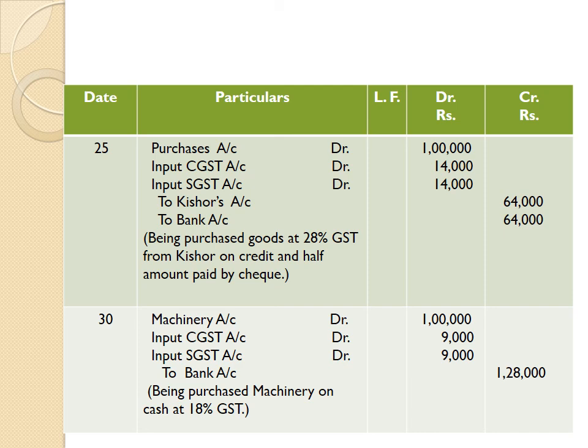We termed that input CGST 9,000, input SGST 9,000. Total of these three items, that is amount actually paid by us through bank, is termed as to bank account 1,28,000, being purchased machinery on cash at 18% GST.